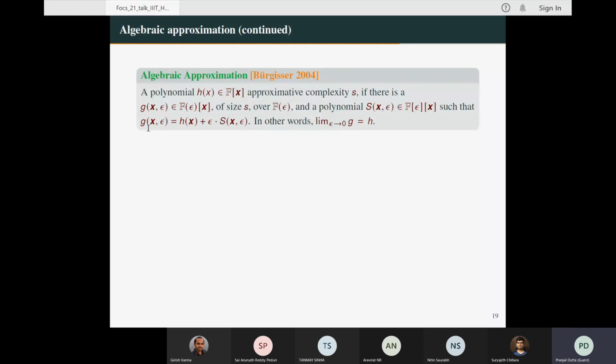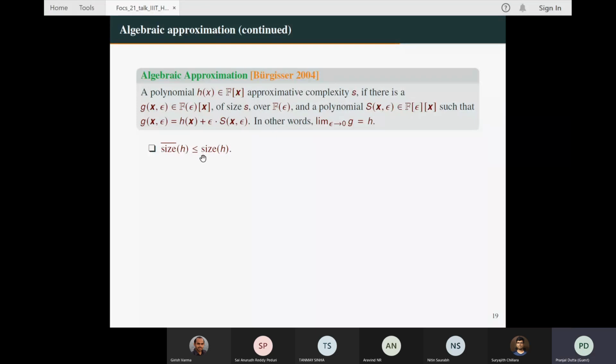I have a circuit G, where I am arbitrarily using epsilon, there is no cost whatsoever, and I want to understand the epsilon to the 0 coefficient of G, which is my H. If G has size S over F(epsilon), meaning you can use epsilon arbitrarily with no cost, then I say that H has approximative complexity S. We actually call this size bar: approximative complexity S of H means size bar of H is S, or approximative size S.